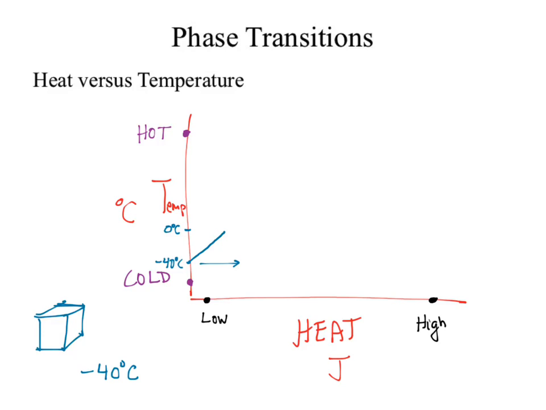This was a solid. It begins to melt, so it starts to become a liquid. But there's still ice present, which means what's the temperature? Still cold, yes, we can quantify it. It's still the freezing point, which means our temperature is 0 degrees Celsius.